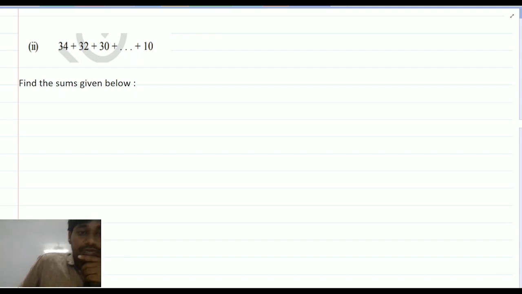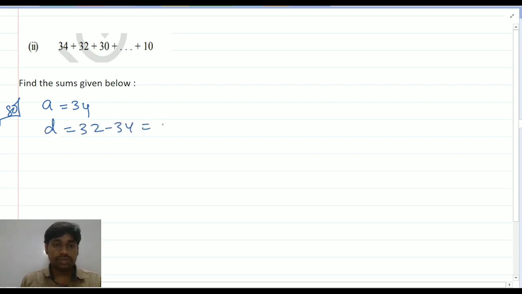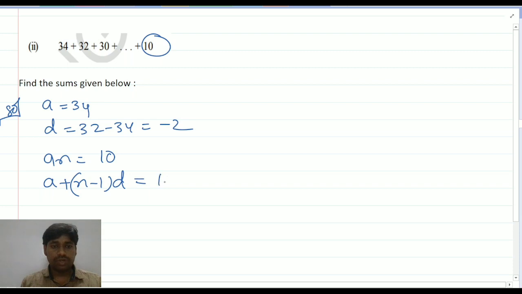Same as the previous question. Again, to find the solution, A is equal to 34 given. Common difference is nothing but 32 minus 34, which is equal to minus 2. Last term is given. An is equal to 10. Then A plus n minus 1 into D is equal to 10.